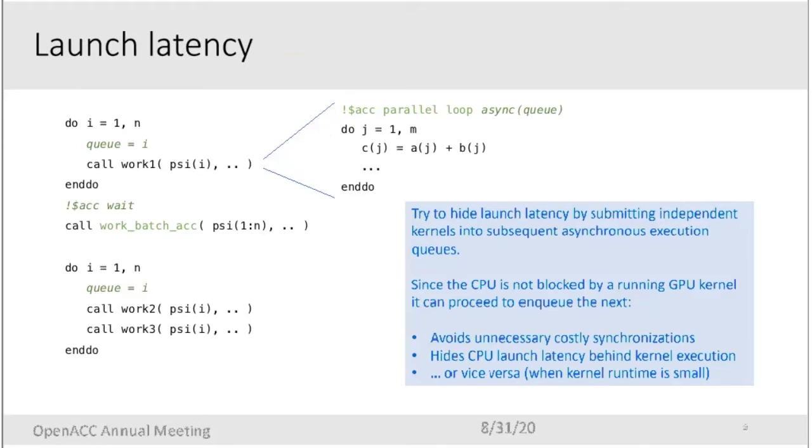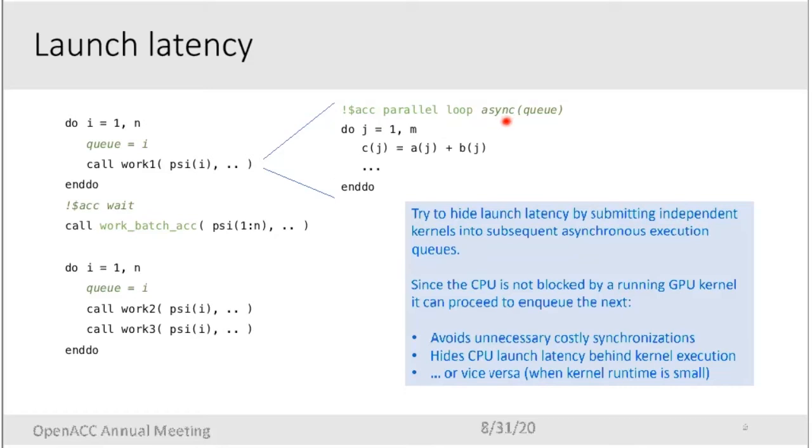The problem with having many small kernels is that it takes some time for the CPU to start up each kernel. And we try to hide that time by putting these kernels into subsequent asynchronous queues of the OpenACC execution model.